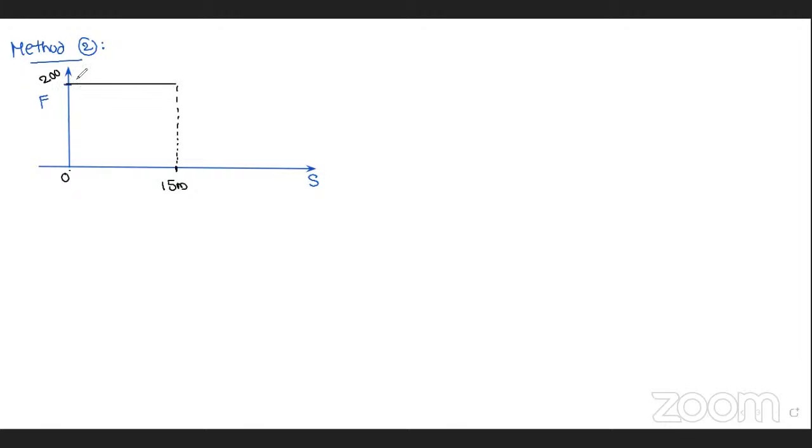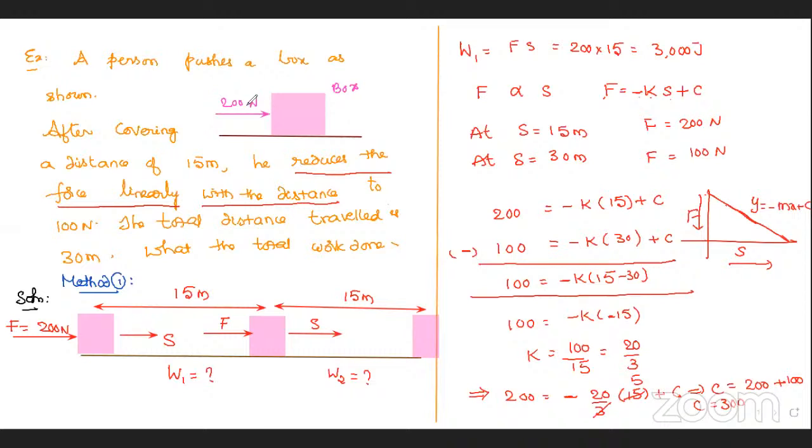Okay. Now, all of you understood how I drew this graph? First part you understood? Very good. Next, look at what he said: the force reduces from 200 to 100 linearly.